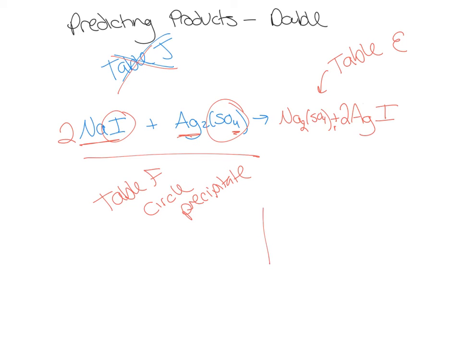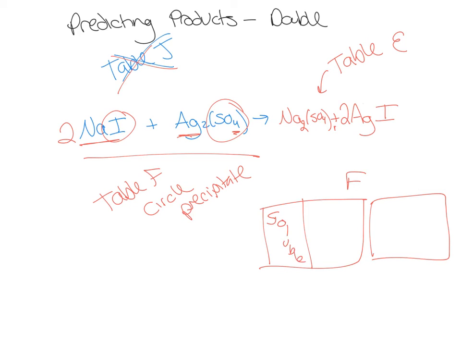If you're looking at table F and there's 2 boxes, okay? In this first column, this is table F. First column is soluble, S-O-L, soluble, okay? And then these are the exceptions to that. So this is what you care about.